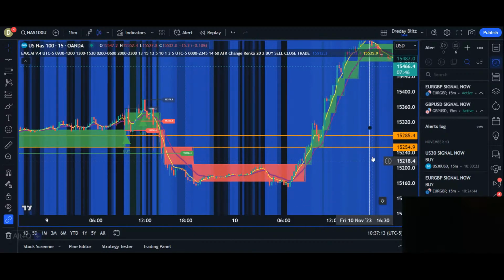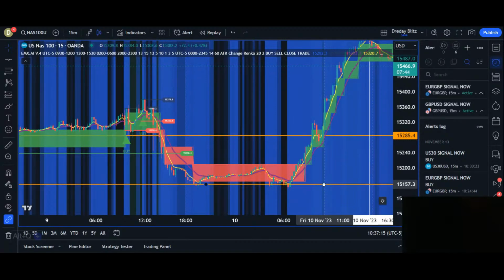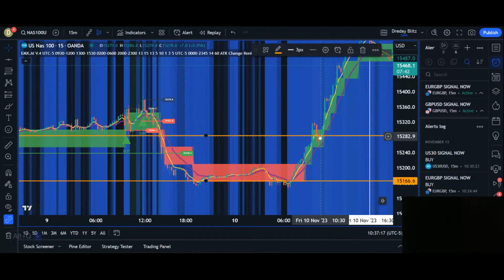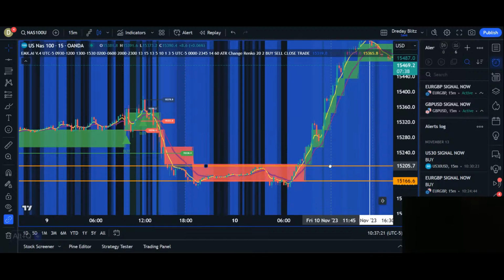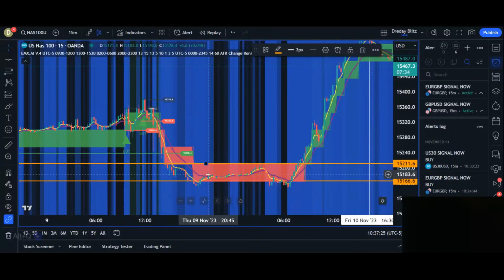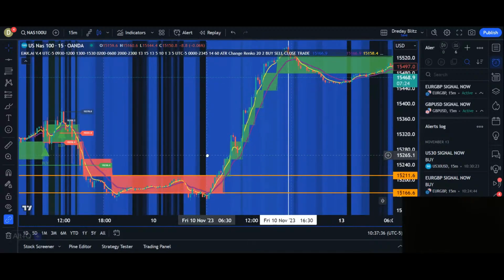Okay, so let's start at the bottom here. So that was the last downtrend Renko. As you could see, the price ranged from here to here, and then when it stopped ranging, it went from here to here, right?